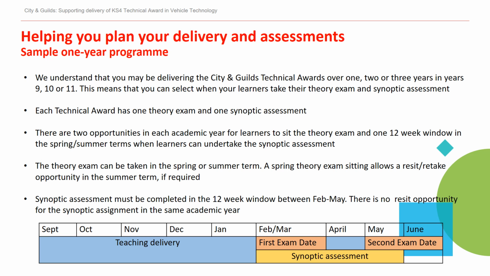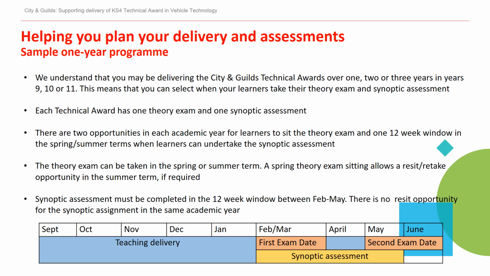So this slide looks at a possible delivery model over one academic year. To give you an idea of what that could look like, you would begin your delivery in September, at the beginning of the autumn term, and that would include your induction to the technical award.